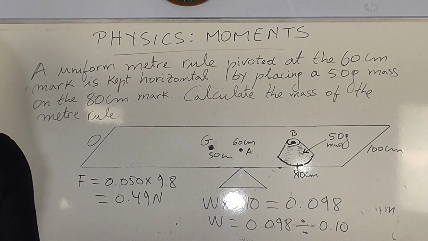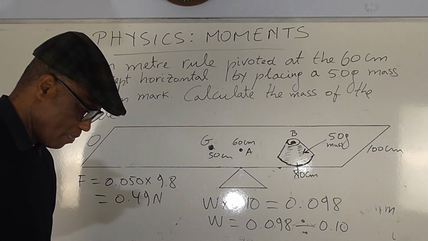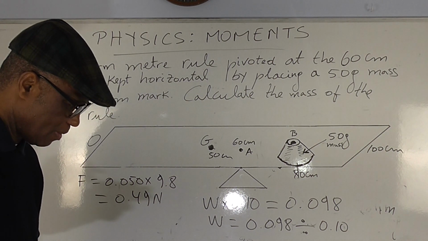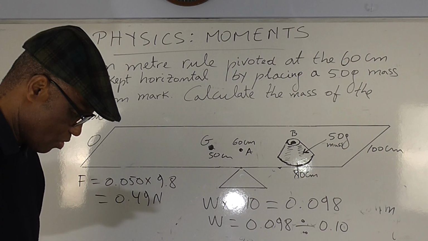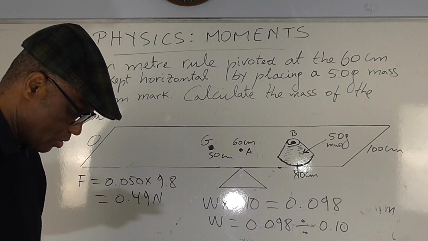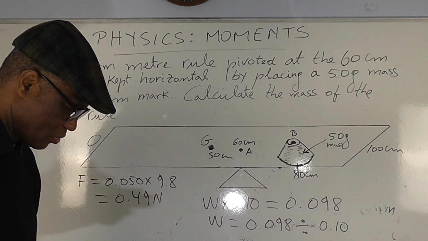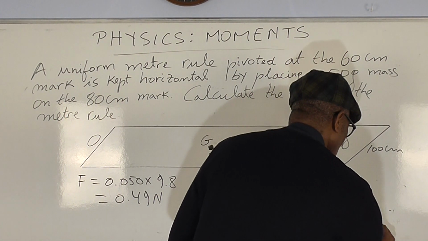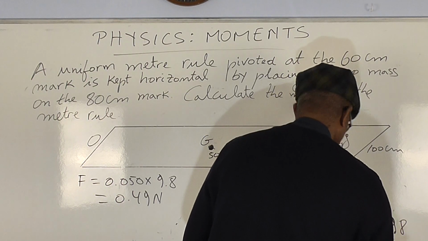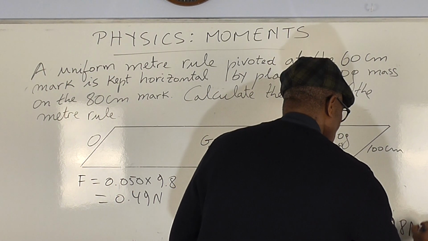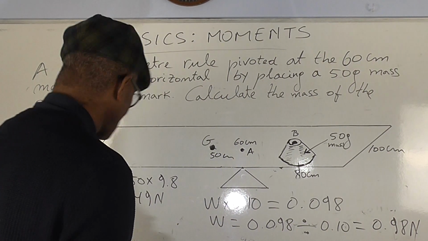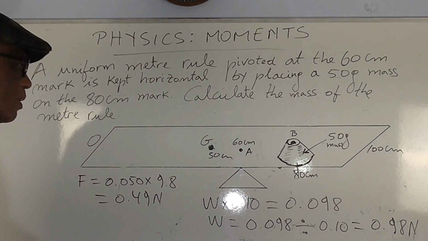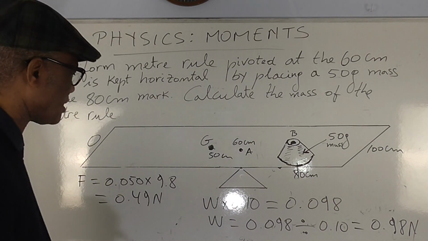Now we have 0.098 divided by 0.1, which gives 0.98 Newton. 0.98 Newton is the weight of the meter stick.